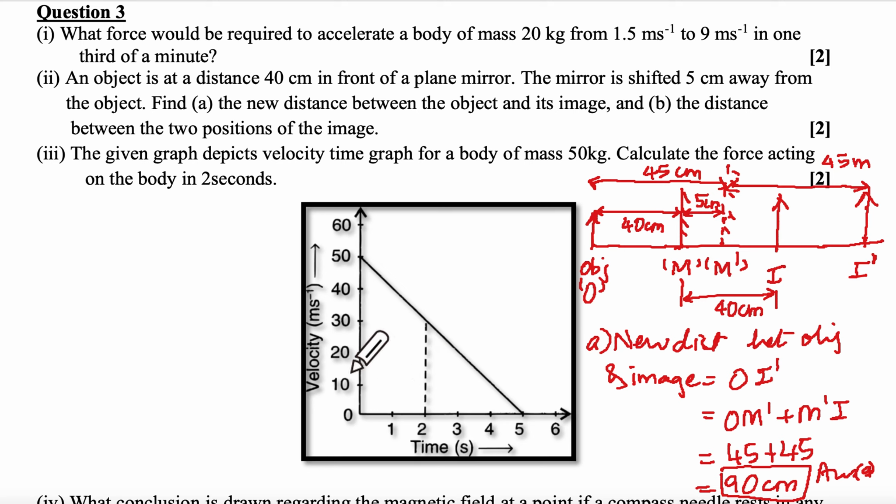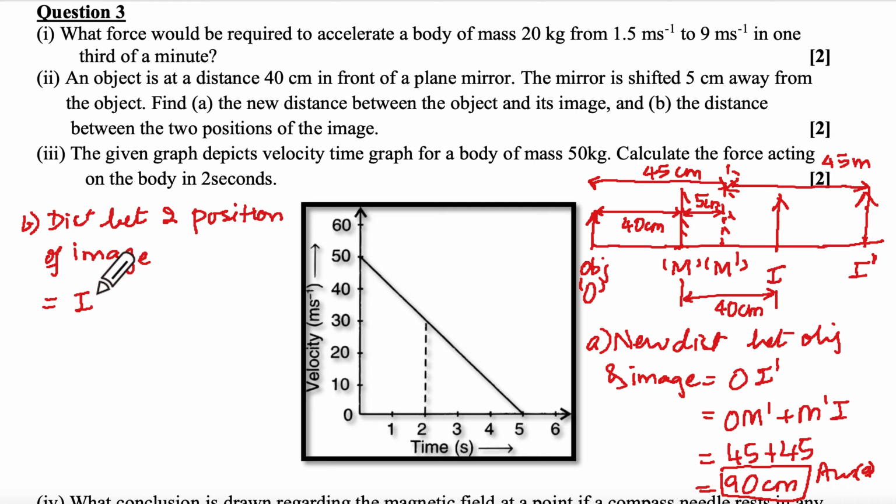The distance between the two positions of the image, which means it will be II dash, correct?